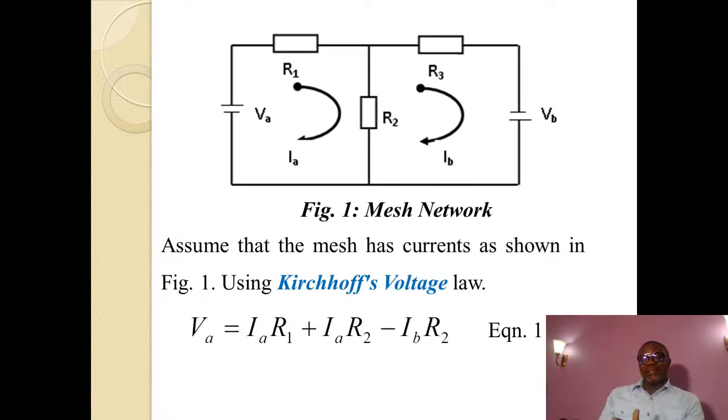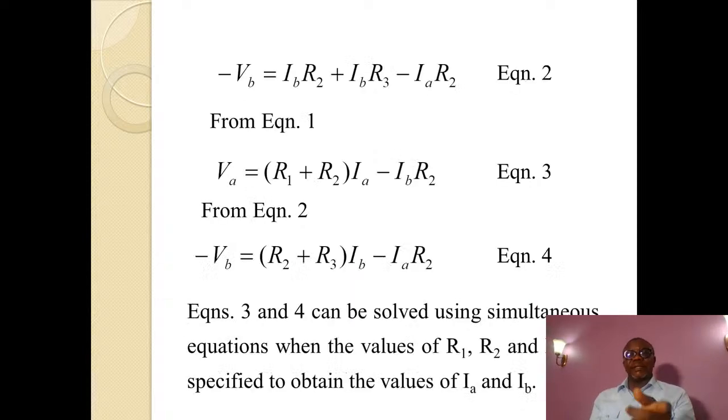If we are looking at mesh 2, which is the mesh that contains VB, you see that IA R2 is against the way VB is supplying. That is why equation 2 is having minus IA R2. So, of course, if we expand equation 1, we get equation 3. If we expand equation 2, we get equation 4.